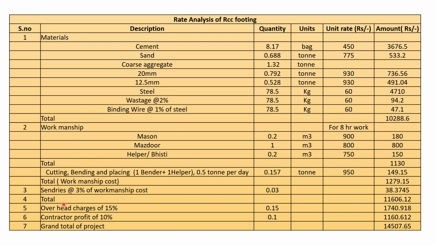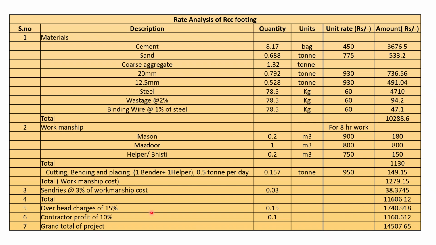Here 3% of sundries are added to the workmanship cost. So we have a total of 1279 rupees, and now we have to add both material cost and workmanship cost in order to get the total cost of the project, and that is 11,606 rupees.